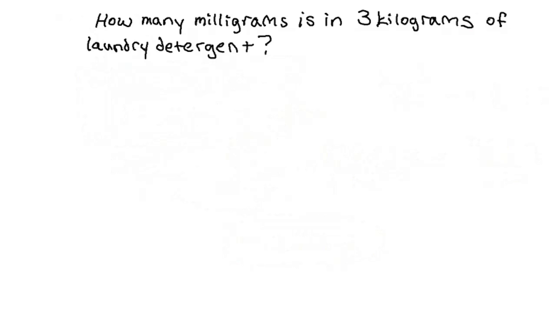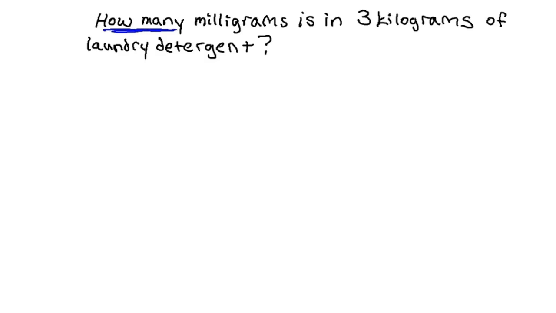So this one is a little bit more complex. It's going to require an extra step, but don't worry, we're just going to do this the exact same way we did the other ones, so you can get used to it. How many milligrams is in 3 kilograms of laundry detergent? So first, the first thing I told you to do is look for the how many or how much in the question.